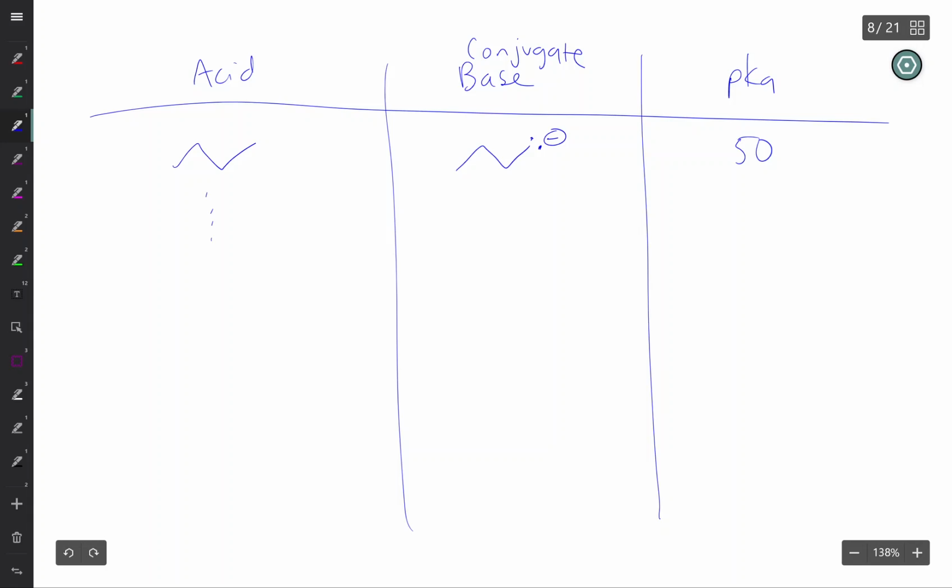Somewhere in the middle, you had propanol and its conjugate base, and the pKa there was about 16. And further down the list, at the bottom, you had this and this, and its pKa was -2.